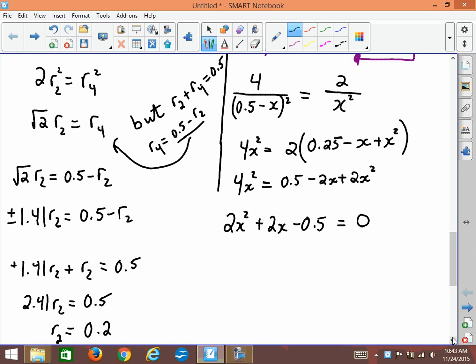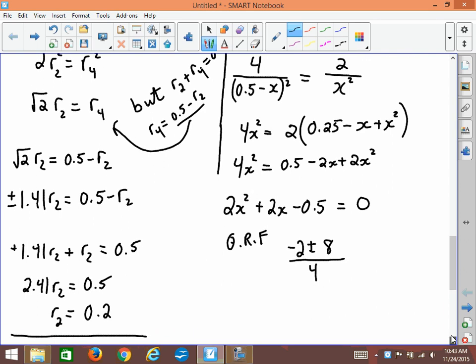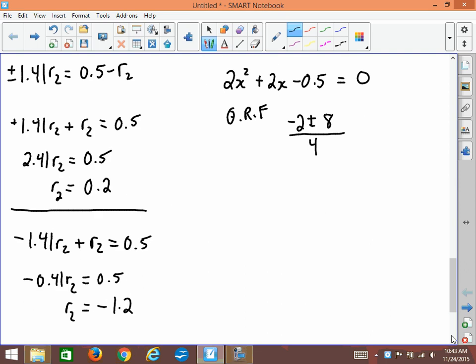So what we end up with is, if we do QRF, we get negative 2 plus or minus 8 over 2a over 4. That's kind of what I got. So if we have negative 2 plus 8, our two options are 6 over 4, negative 2 plus 8, or negative 2 minus 8, negative 10 over 4.